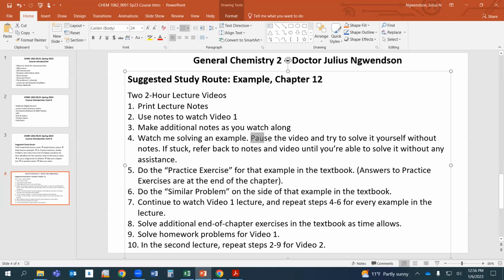Pause the video and then put it aside, put your notes aside, get only the question on a plain sheet of paper and solve that question on your own without any help. That is no video, no notes, no textbook. You want to do that because every example we solve in the lecture is a potential exam question. So test yourself right there.